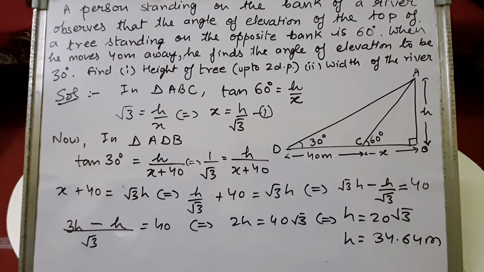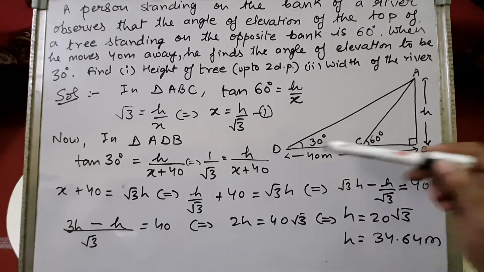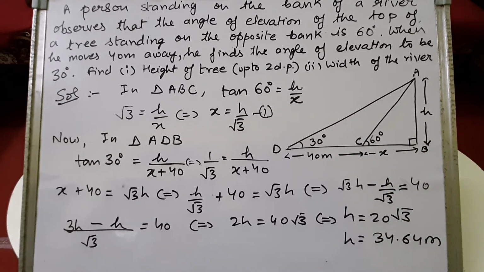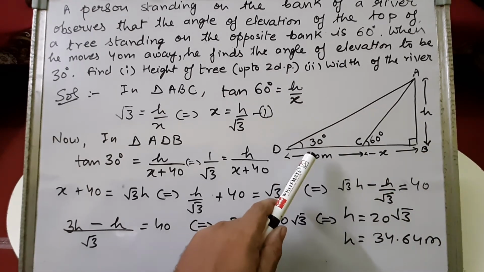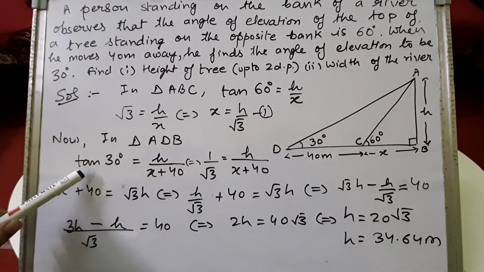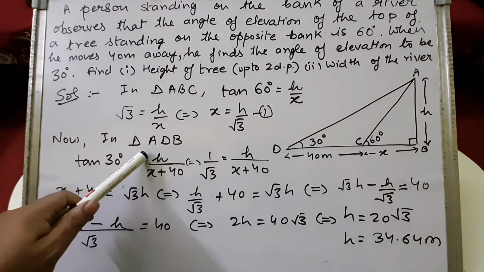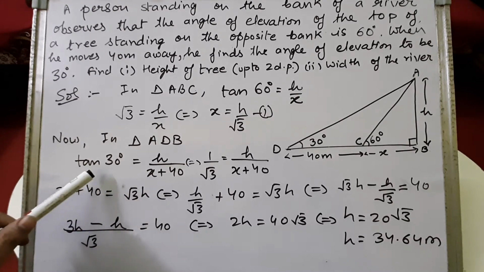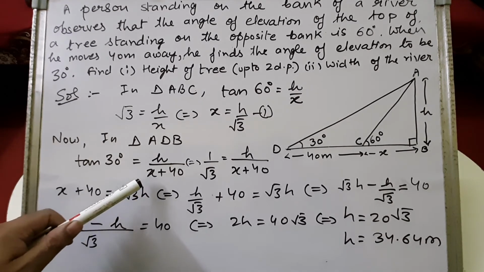Now in this whole triangle ABD, the angle of elevation is 30 degrees. So when we take tan, it will be perpendicular upon base, that is AB upon BD. So tan 30 degrees will be h upon x plus 40, since AB is h and BD is x plus 40.